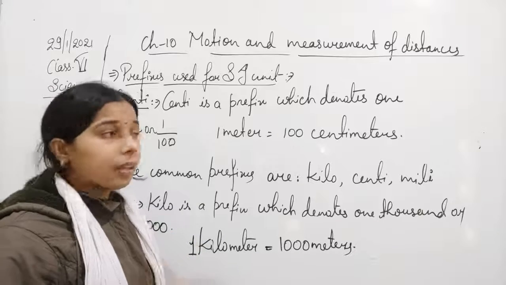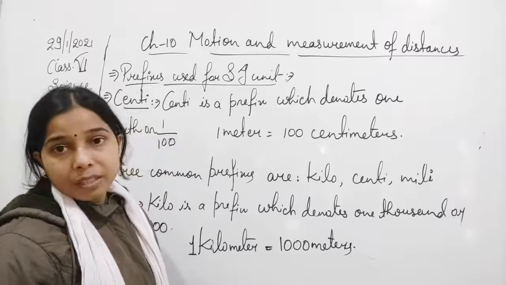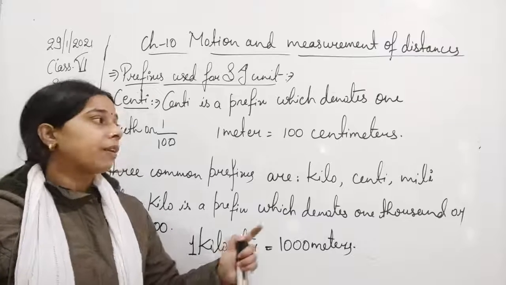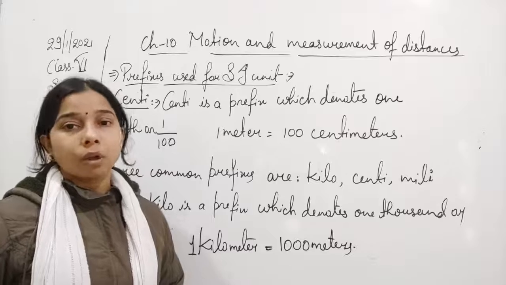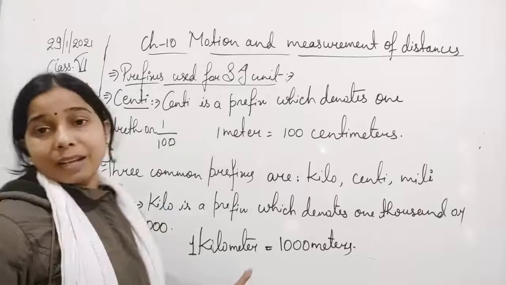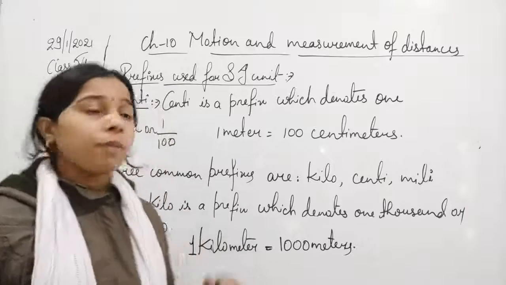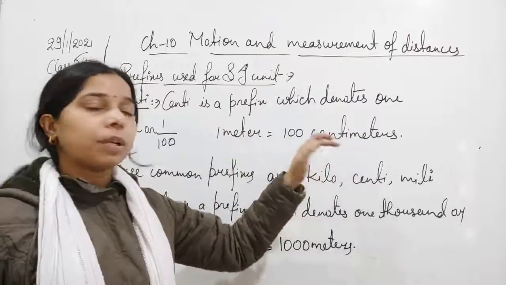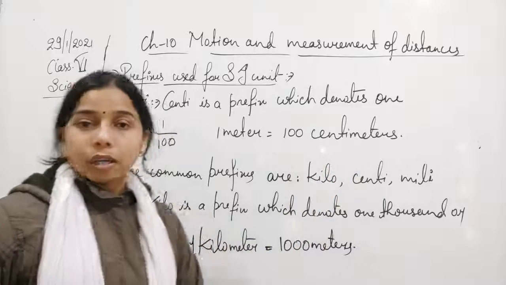So you can see that by adding that of the centi to that of the meter, it decreases the value. So here the value is the smaller value, not the larger value. Bigger value occurs when you add that of the kilo to it. So kilometer will give a larger value, and centimeter gives a smaller value.